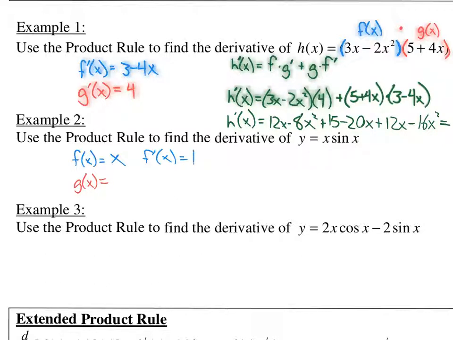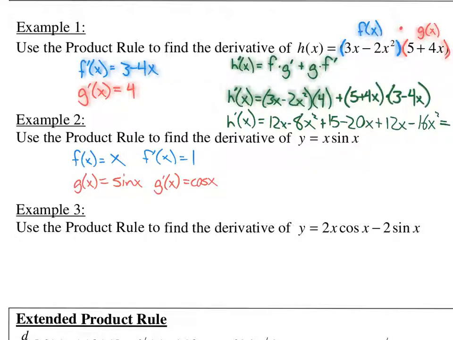One. There we go. The derivative of x is 1. So then g of x is what? Sine of x. G prime of x is cosine x.